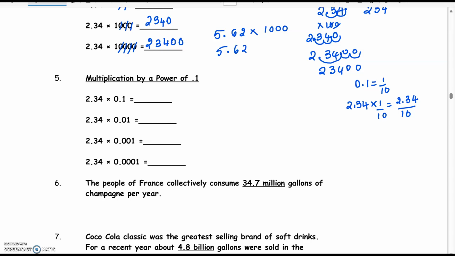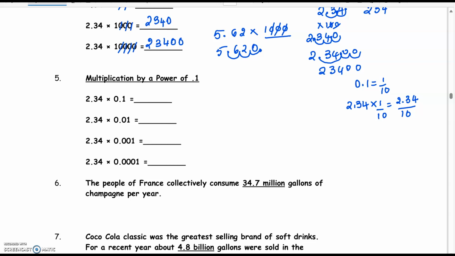We shift it 3 place values to the right. 1, 2, 3. And put a 0 here. And if you've shifted 3 decimal place values to the right, then you've multiplied the number by 1,000. So for every 0, shift 1 place value to the right if it's multiplication.